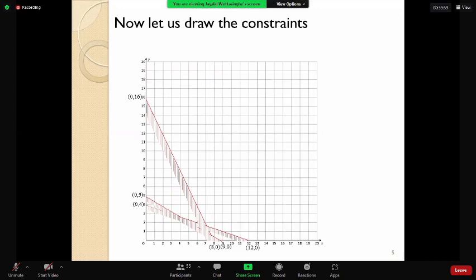Just take one or two minutes and draw this graph on a piece of paper. You don't have to use the exact scale, but roughly draw this and mark these inequalities also. Then I will further explain what you can do with this. At the same time, if you have any questions, you can ask.